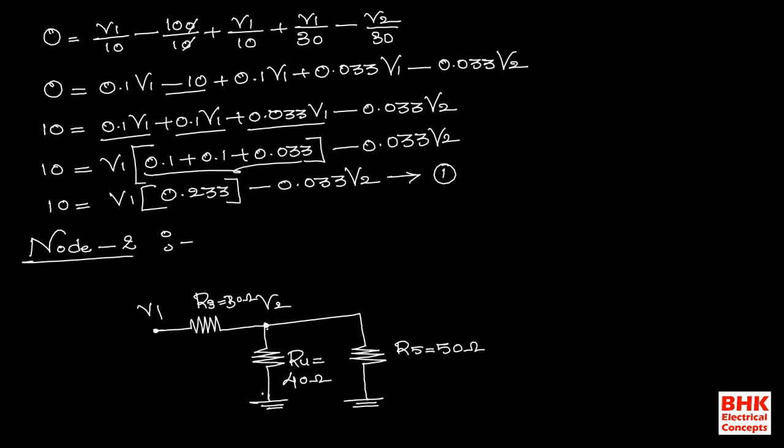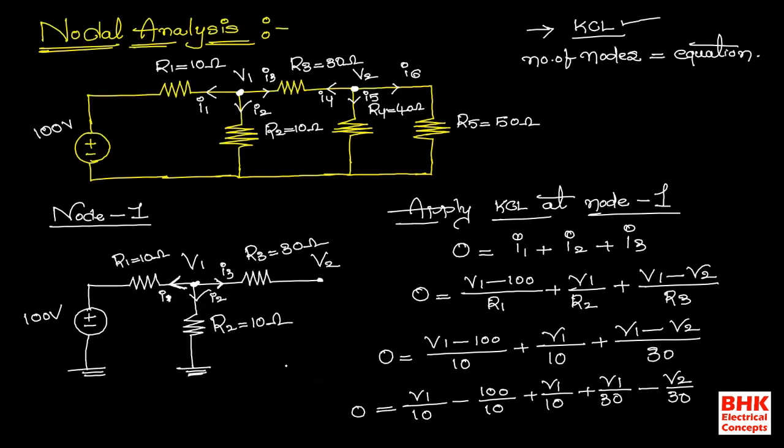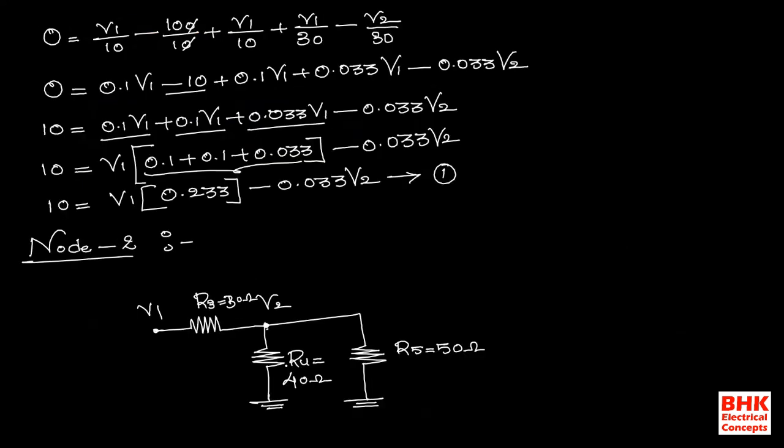Now this is a circuit we have drawn from the actual circuit, for only node 2. That is the reason the elements connected to node 2 are R3, R4, R5, and we are simply drawing this complete part here.